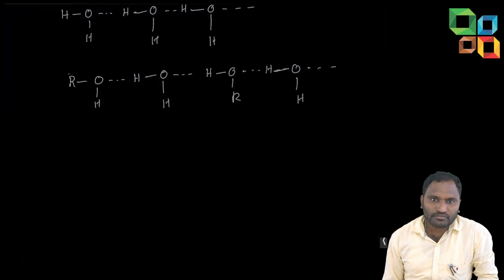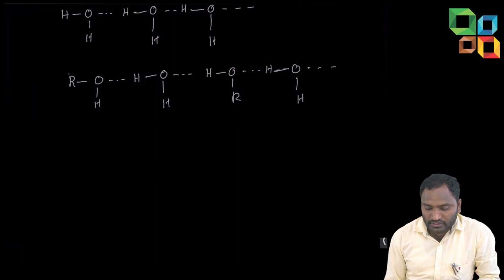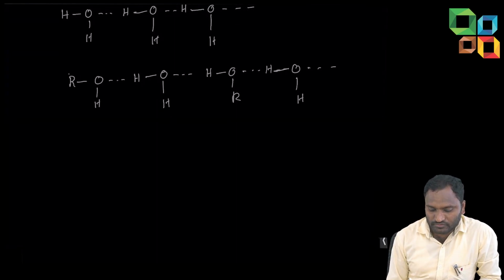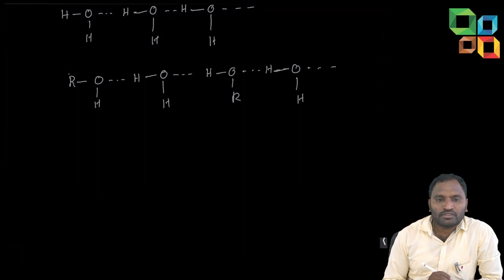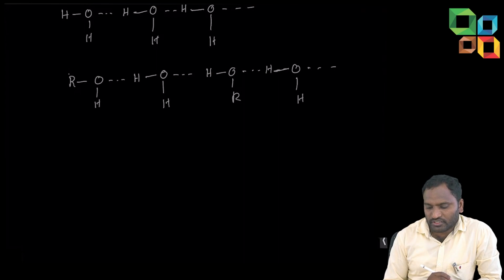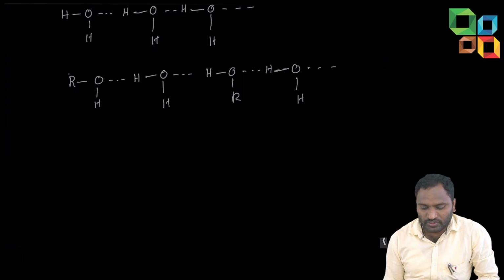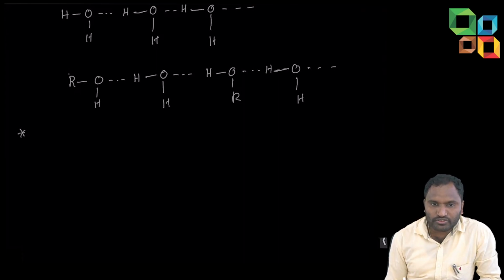Next one, intramolecular hydrogen bonding. First of all, the properties of intermolecular hydrogen bonding. Instead of telling properties, I will tell you which effects are there with intermolecular hydrogen bonding. Intermolecular hydrogen bonding increases boiling point.